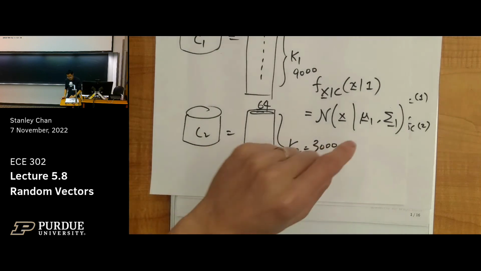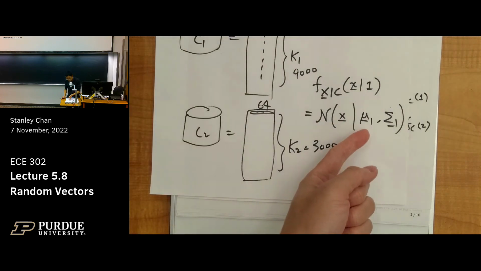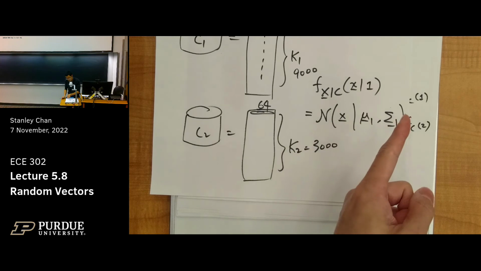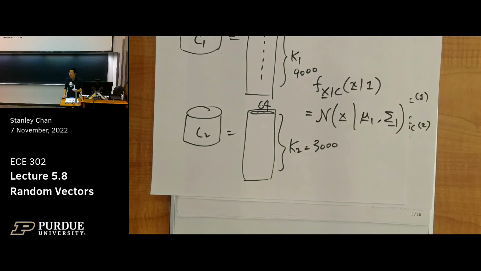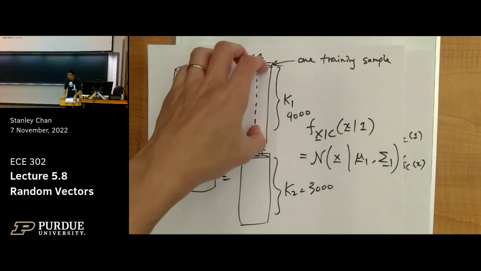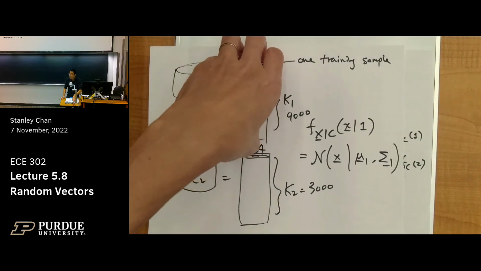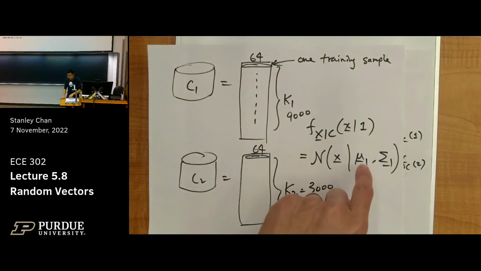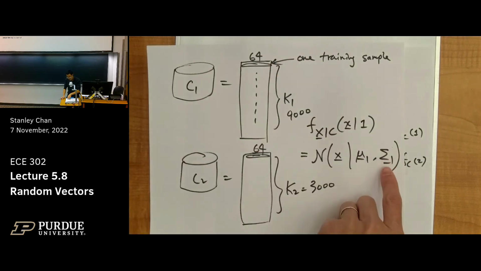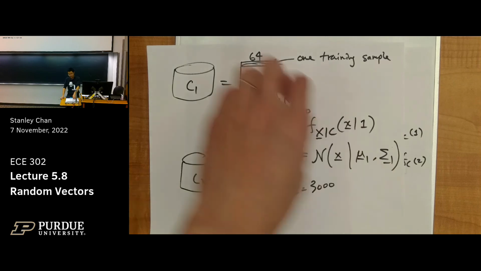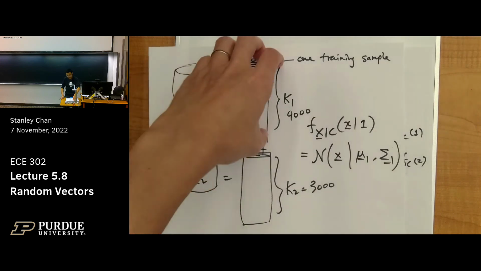So what should I do here? Well, I need to find out the mean vector and also the covariance matrix for my class 1 Gaussian. And now you're given this class 1 data set. How do you find the mean vector? How do you find the covariance matrix from this data set?